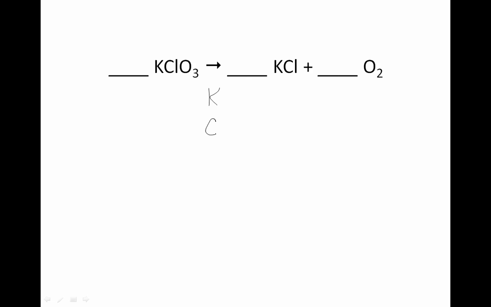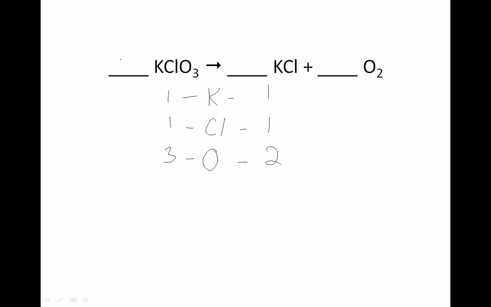K, potassium, Cl, chlorine, and O, oxygen. On the left I have 1 potassium, 1 chlorine, and 3 oxygen. On the right I have 1 potassium, 1 chlorine, and 2 oxygen. Alright, so if I multiply my oxygen on the right-hand side by 2, that's not going to quite do it because then I'll have 4.